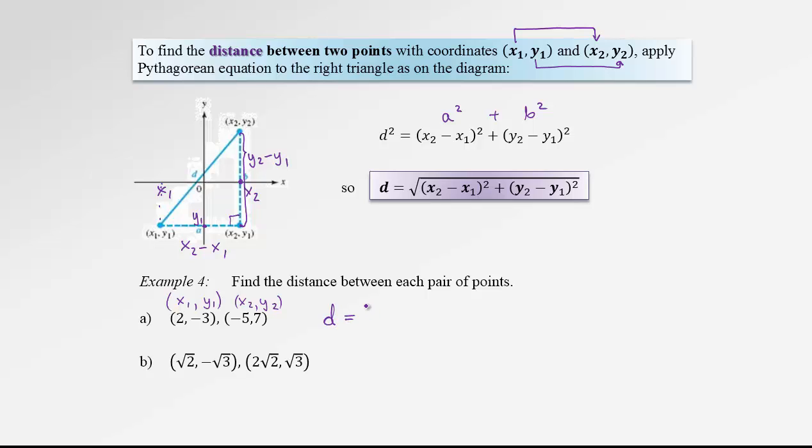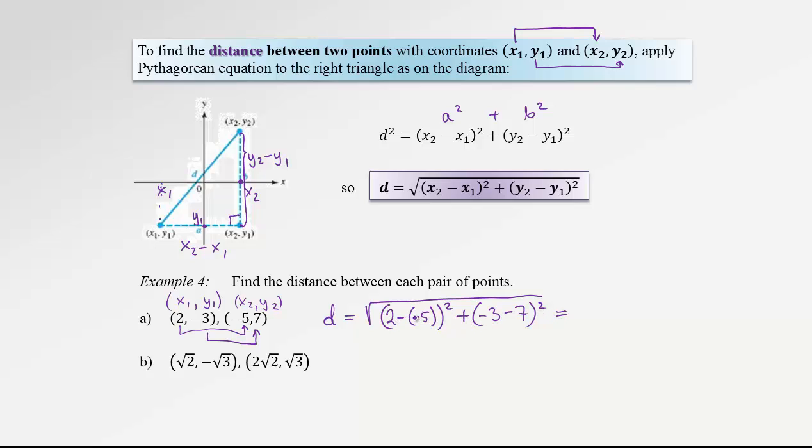The distance is square root of, we're taking the difference between the first coordinates. So it's 2 minus negative 5. Watch the double negative here, and square it. Then plus the difference between y coordinates, so -3 minus 7, and square it. And the rest is just using arithmetic and order of operations, right?